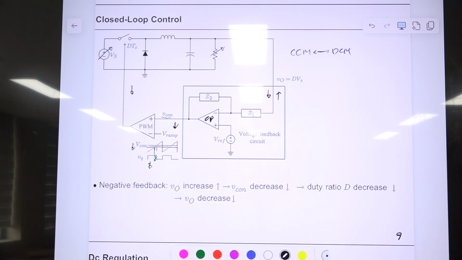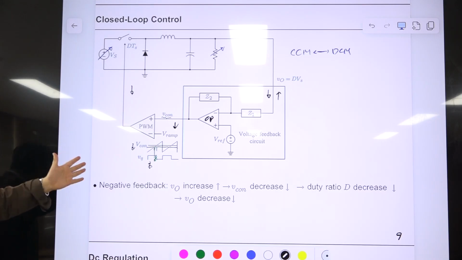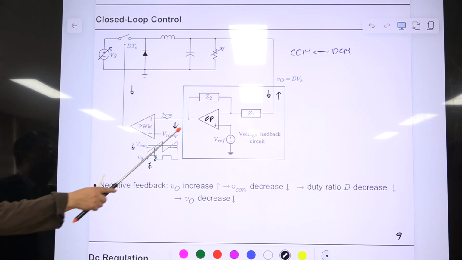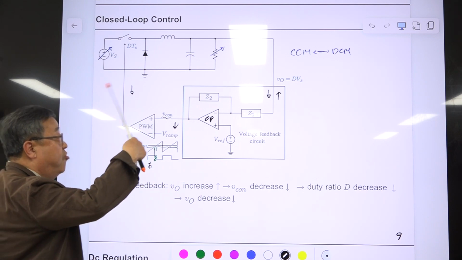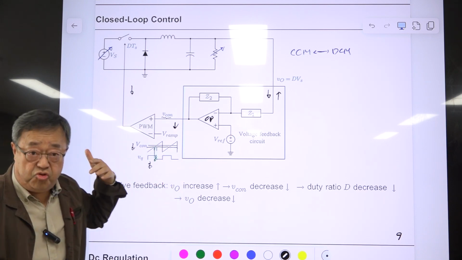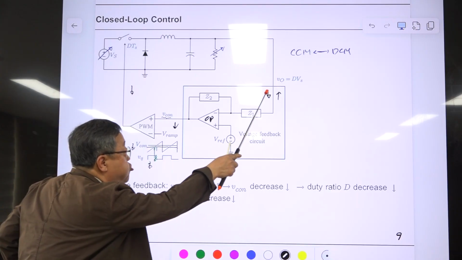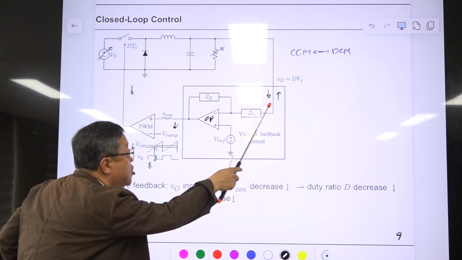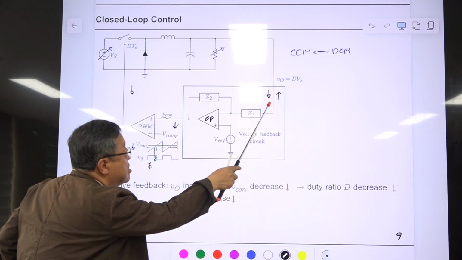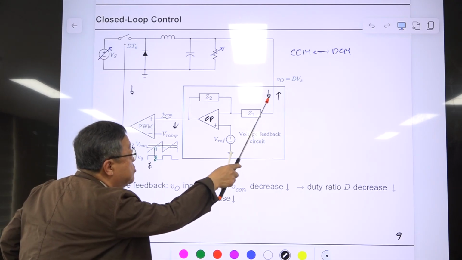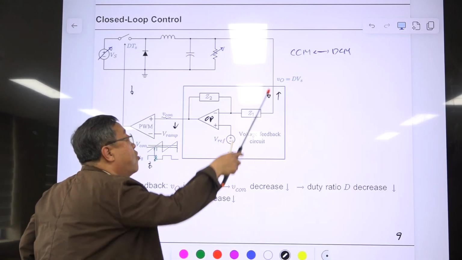And another one is this one. Now you have a negative feedback structure built into this system. So if some error occurs, then the error will be fixed. Then how much should be fixed? If you fix too much, it goes in the negative direction, and then too much in the positive direction, and it will go like this.